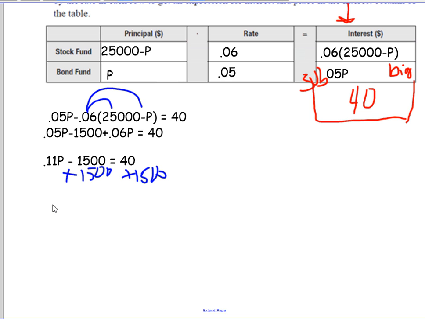And we're going to get our 0.11P by itself, and that equals 1,540. And so our last step is to divide off the 0.11 so P will be by itself. And so we get a P value, which is how much is invested in the bond fund, of $11,000.